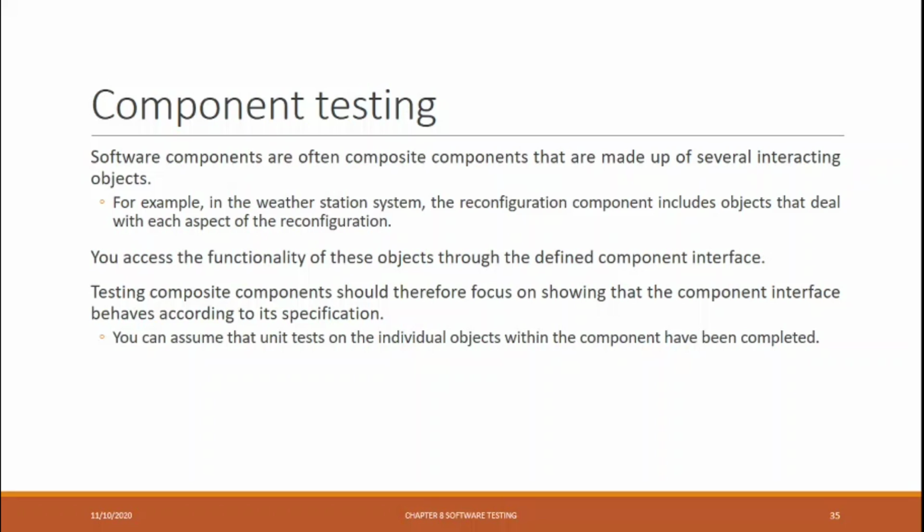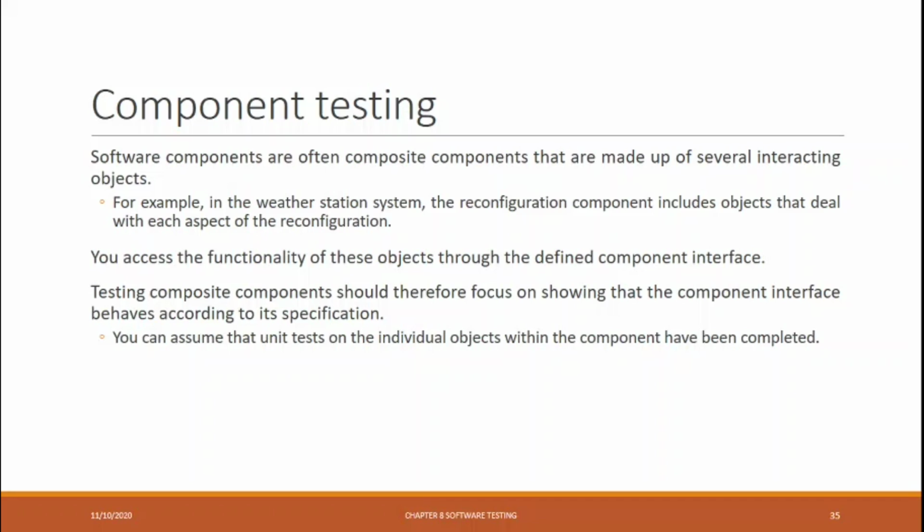Now it is testing whole components. Software components are often composite components that are made up of several interacting objects. For example, in the weather station system, the reconfiguration component includes objects that deal with each aspect of the reconfiguration.